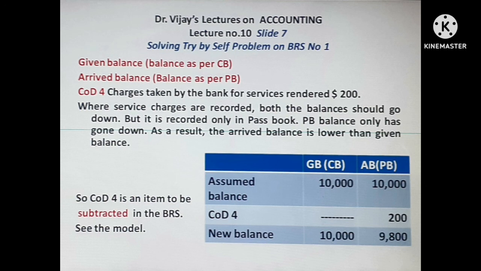Cost of difference number 4 is shown in the arrived balance column, that is the passbook column, 200. As a result, the passbook balance comes down to 9,800, whereas the cash book balance remains the same at 10,000. So the AB is lower, so the item is to be subtracted.